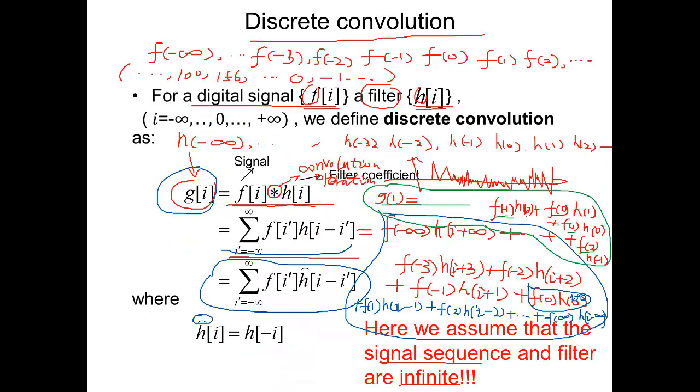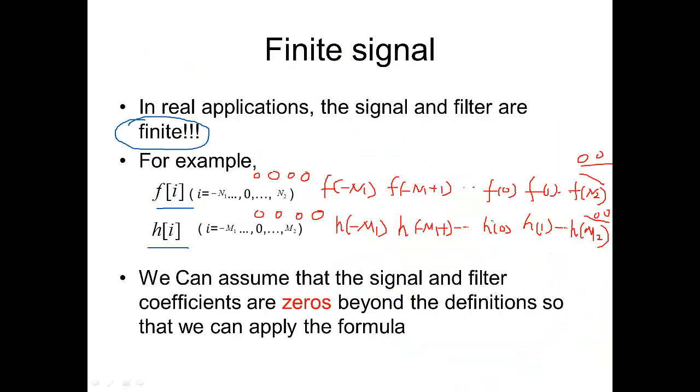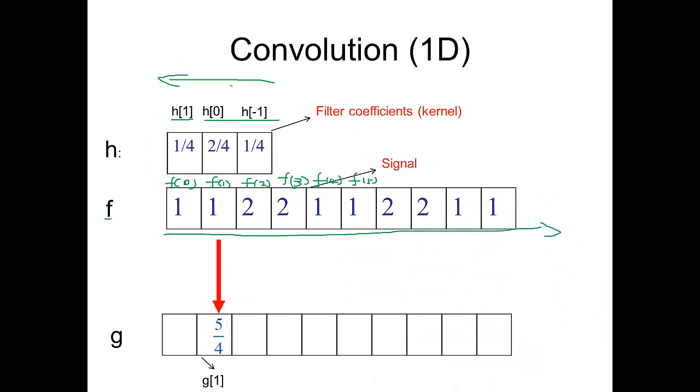Based on this equation, f1 should be multiplied by h0. So this one multiplies this one. Then h negative 1 will multiply f2, then h1 will multiply f0.